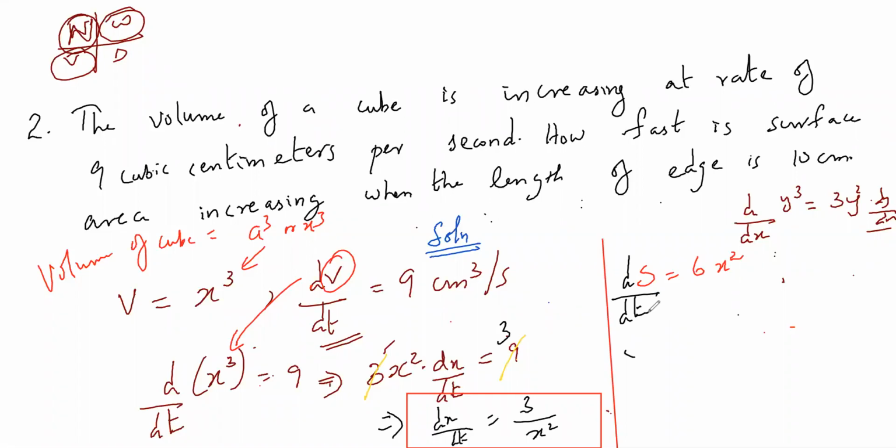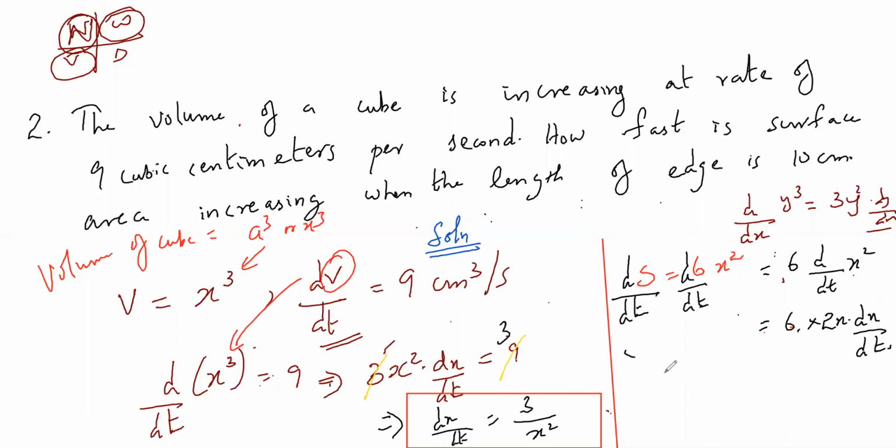So again with d by dt of 6x square I have to differentiate. I'll get 6, I can take it outside, d by dt of x square. So 6 into, what is x square differentiation? 2x into dx by dt. That's all. So that is 12x.